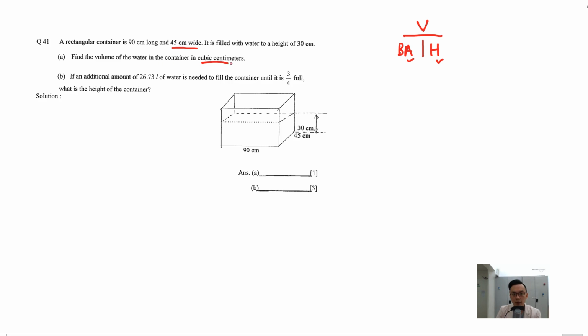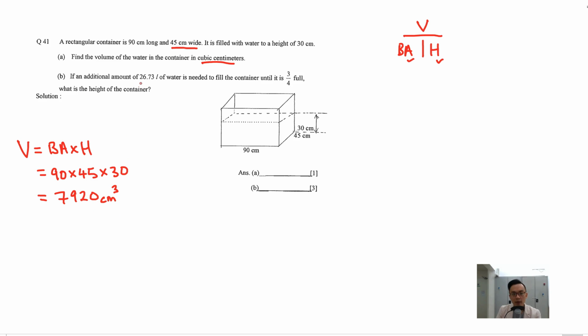Be careful, they want cubic centimeters, so volume equals base area times height, which equals 90 times 45 times a height of 30 cm, equals 7920 cubic centimeters. Okay, so that's the answer, quite easy.